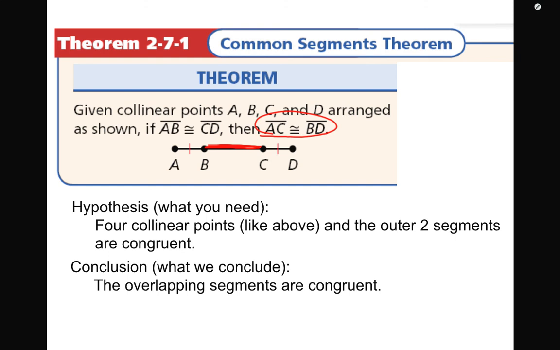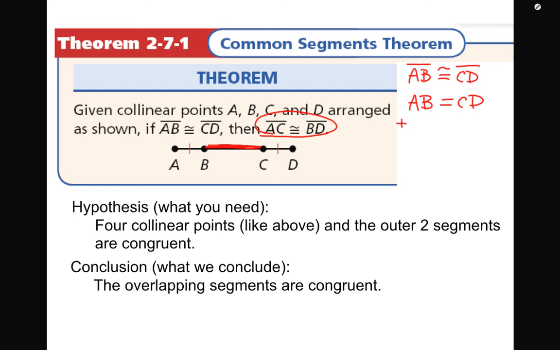So what we did, now this isn't completely technical, but segment AB was congruent to segment CD, which means AB's length is equal to CD's length. That's what congruent segments mean.